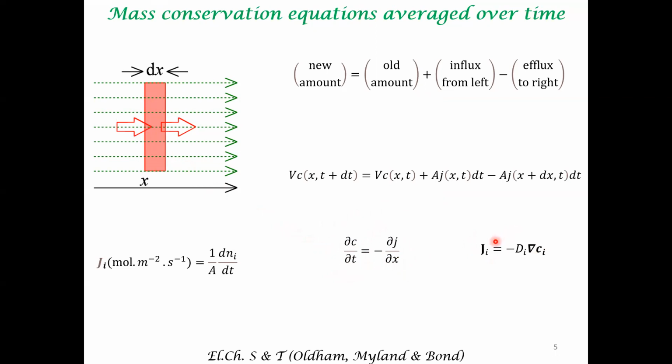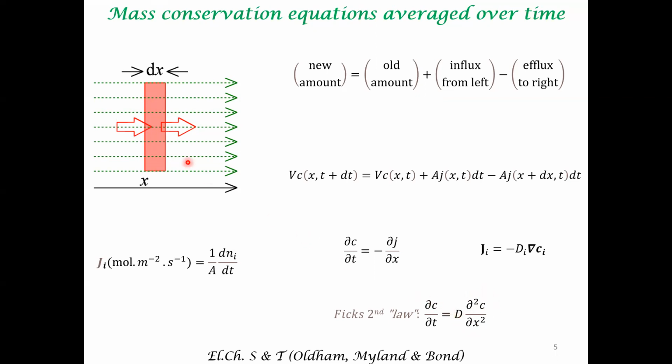Incorporating the expression for flux, you will get Fick's second law: dou C by dou t is equal to the diffusion coefficient times the second differential of concentration. This is Fick's second law. Again, you must have seen this in your previous classes. Just go and refresh it in case there is any uncertainty, or we can discuss these issues during the discussion.